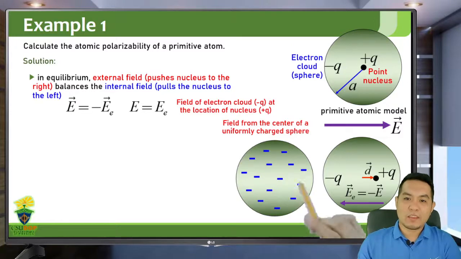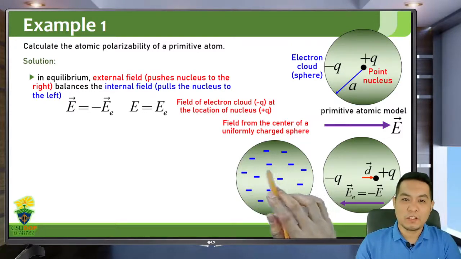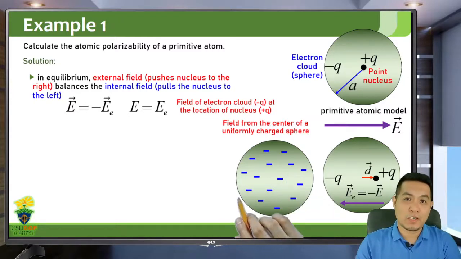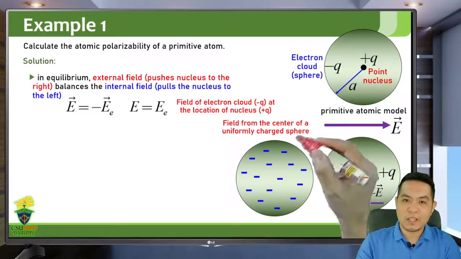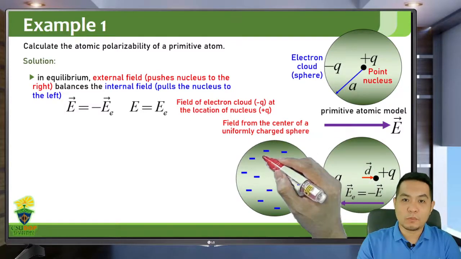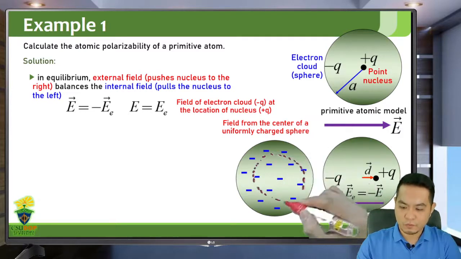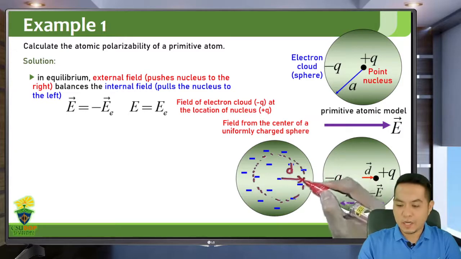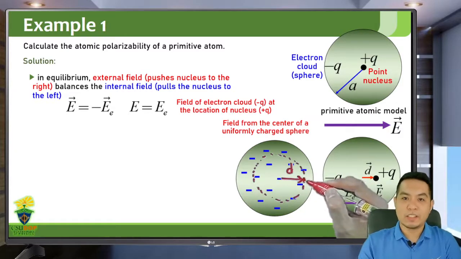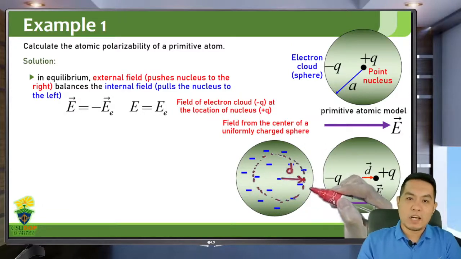You can think of the electron cloud as a uniformly charged sphere with negative charge. How do you get the electric field of this? You use Gauss law. You make a Gaussian surface at a distance d. What is the electric field at a distance d from the center of a uniformly charged sphere?